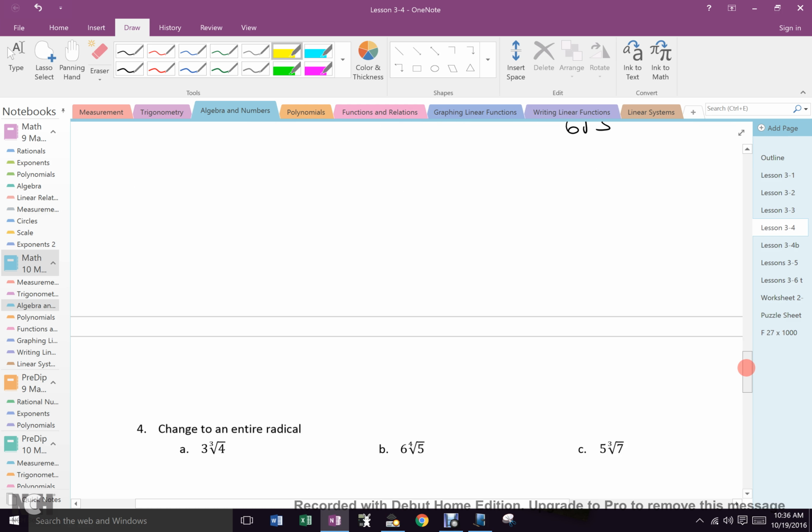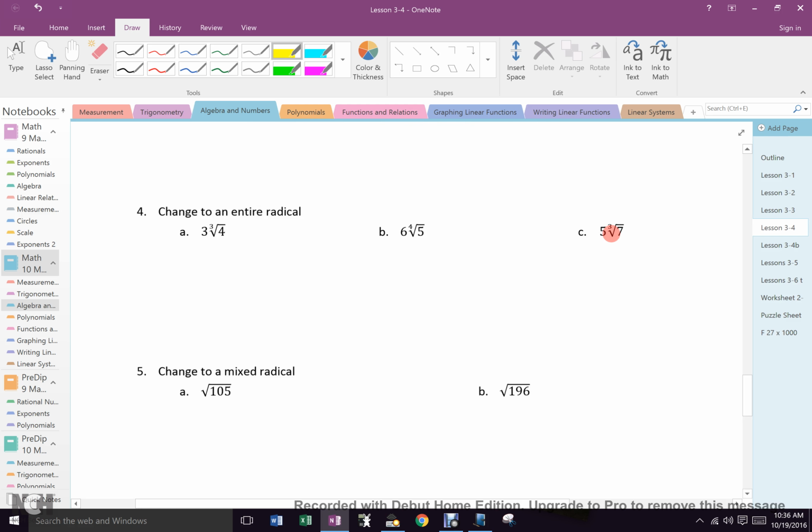Okay, your next page should be turning some of these big ones back to mixed radicals. Is it? Or back to whole radicals. Is it? Yeah. So, it's cubed, so what was under there? 4 times what? 3 cubed, right?